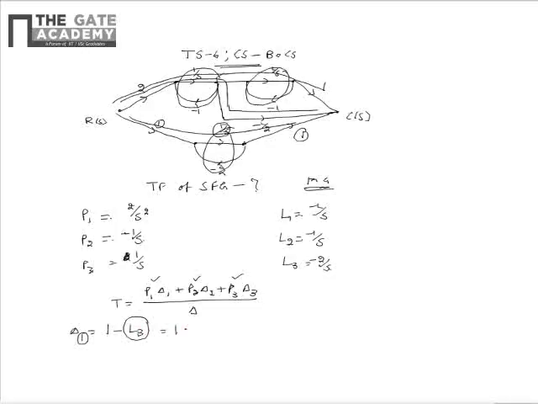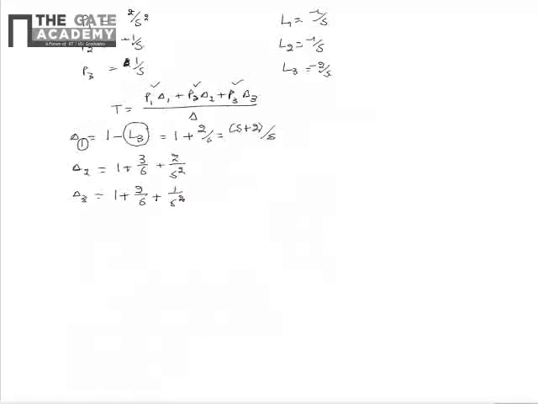So this can be written as 1 plus 2 by S, that is equal to S plus 2 by S. Similarly, we can write delta 2 as 1 plus 3 by S plus 2 by S square, which can be evaluated as 1 minus of L1, L2 plus L3 plus L2, L3. And delta 3 can be written as 1 minus of L1 plus L2 plus L1, L2, which can be written as 1 plus 2 by S plus 1 by S square.